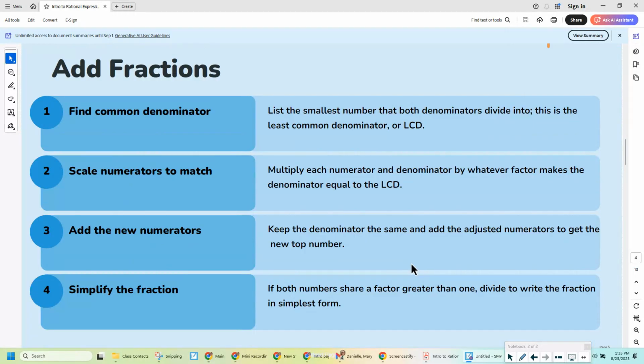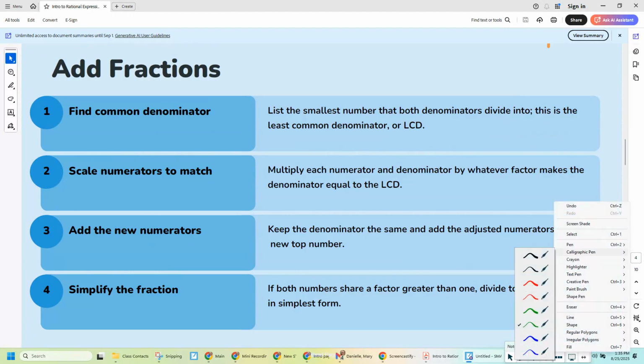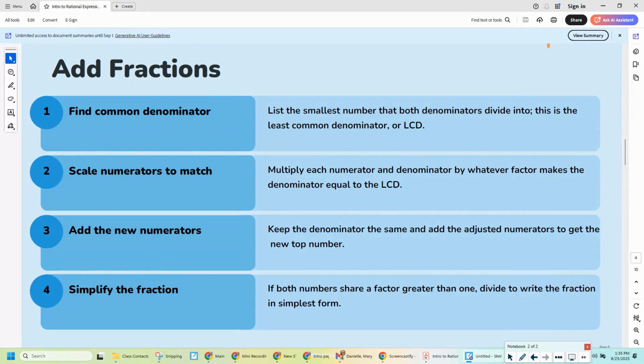Just refreshing your memory here. When we're finding common denominators, you have to scale the numerators to match. So you want to multiply each numerator and denominator by whatever factor makes the denominator equal to the least common denominator. All right, so let's just do an example of a number here, since that's a lot of directions without an example, right?